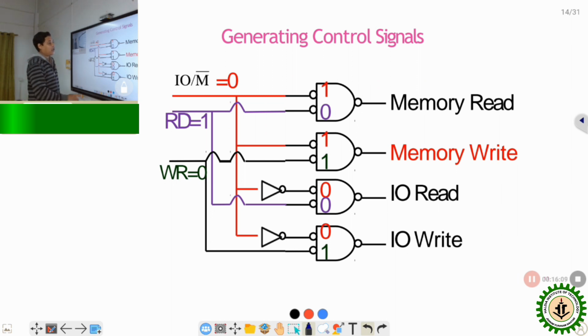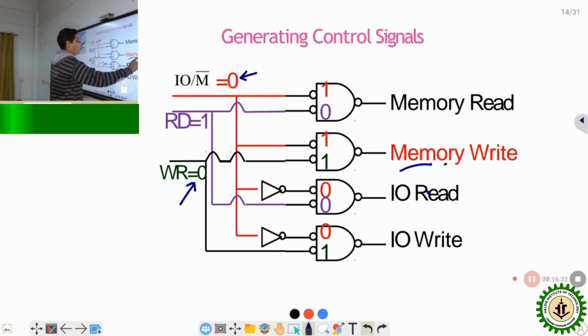Similarly, during the memory write operation, like before, the IO/M bar signal is low. Now the WR signal becomes low to indicate a memory write operation, and combining these two, like the previous case, an active low memory write signal is generated.